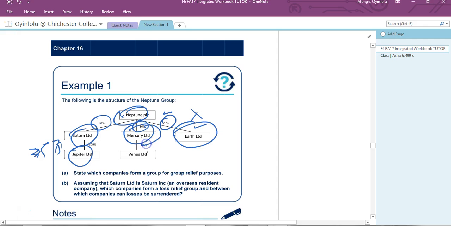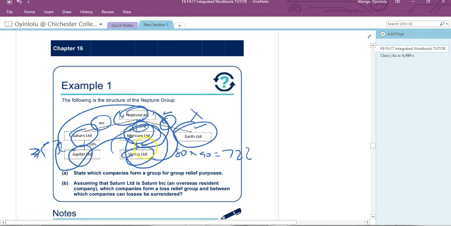But if you look at the 80 and 90, effectively Neptune and Venus have 80 times 90, which takes us to 72%. So there is not an effective ownership between Neptune and Venus, and they cannot be part of this larger group. Mercury could be part of the group and share losses, so they could be part of the same trading group, but not part of the bigger group.